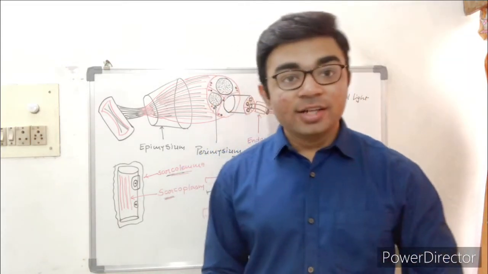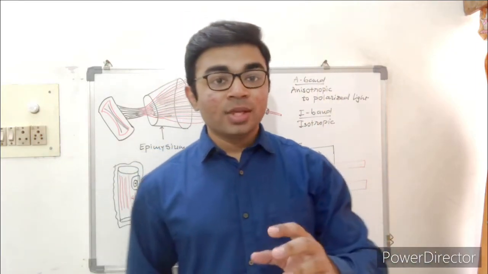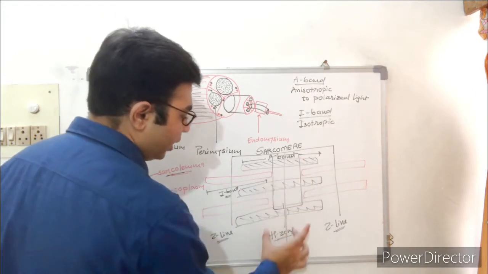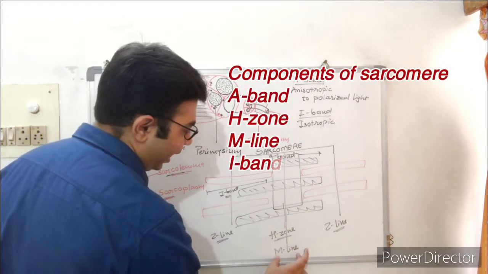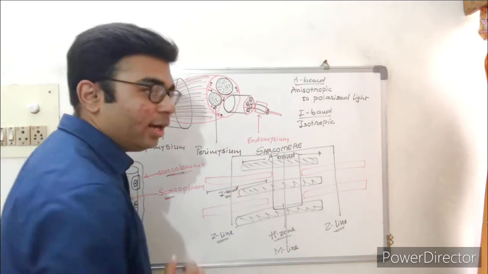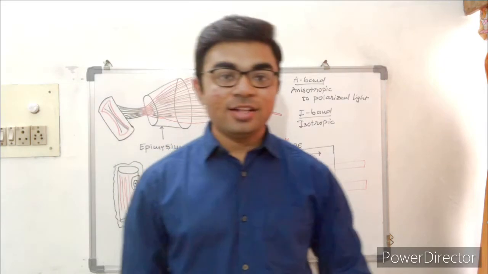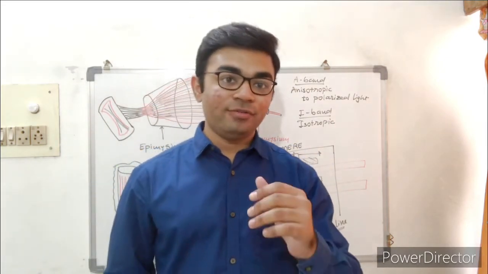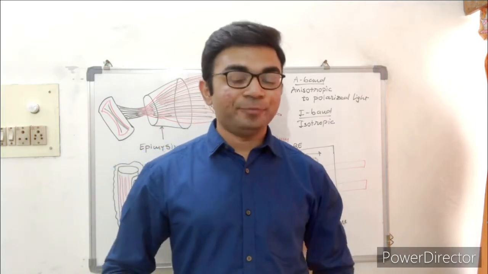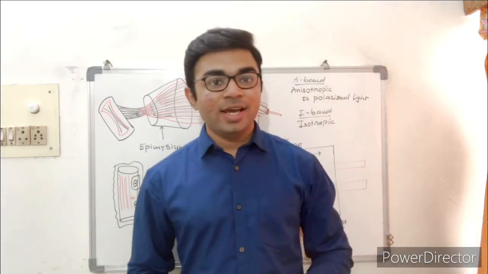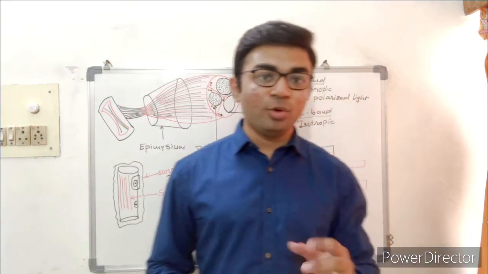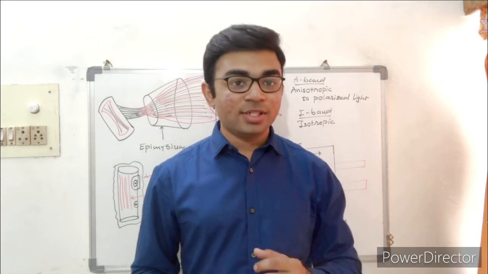Now, what are the components of the sarcomere? The components of the sarcomere include, first the A band, second the H zone, third the M line, and the portion of the I band which is nearer to the A band is also included under the components of the sarcomere. So this is the idea about the sarcomere. Next important thing is the proteins present at the molecular level in the skeletal muscles.